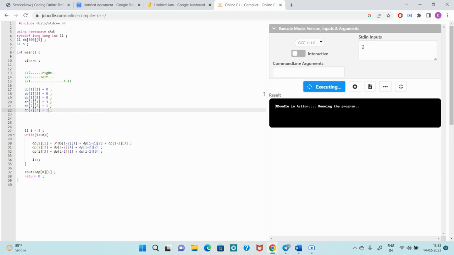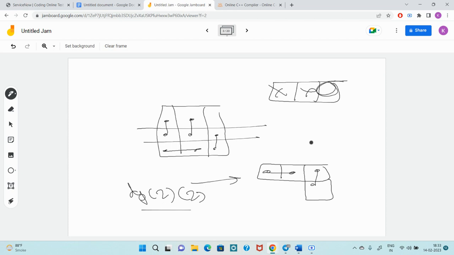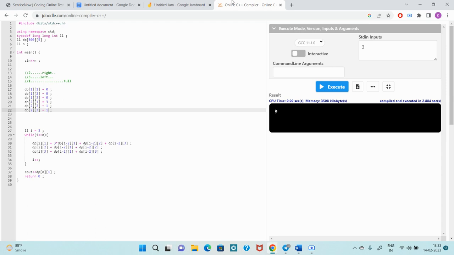So I hope you guys understood how to debug as well. This is DP of 2 of 2. And now how would DP of 2 of 3 look? Same, in the left direction. You fill it like this, and the problem would be solved mostly.